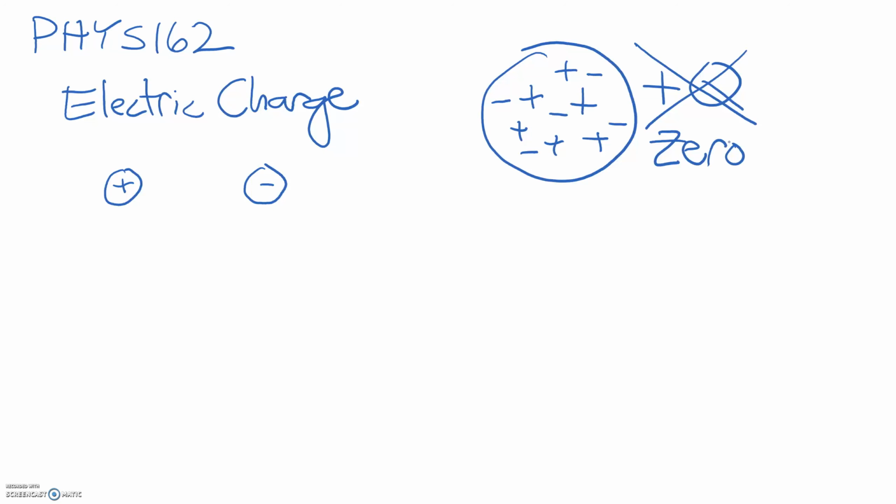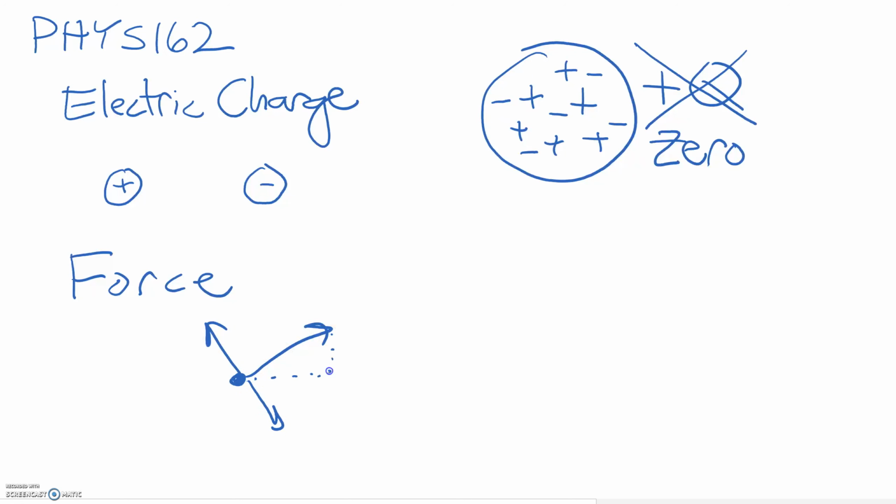And I like doing it because in Physics 161, we talked a lot about force. So when you think about forces, hopefully you think about things like free body diagrams and arrows, and maybe you think about some components, with angles, and you choose some axes, because that's exactly what we're going to do.